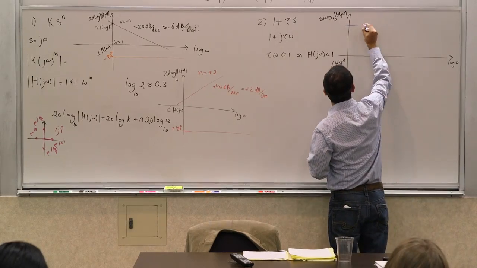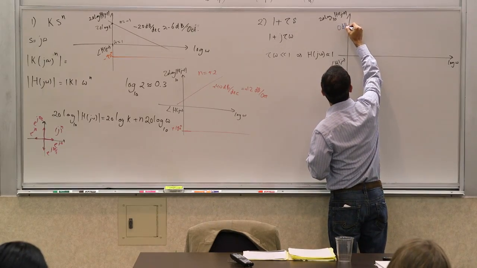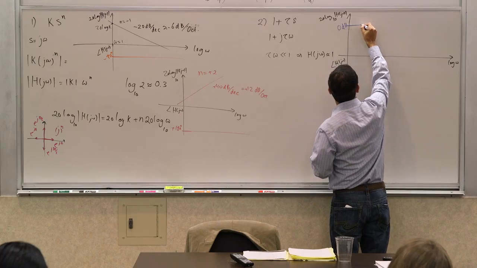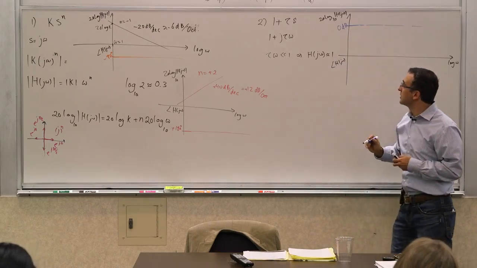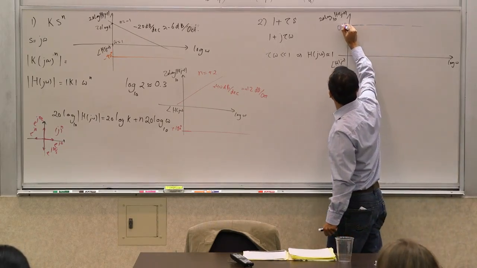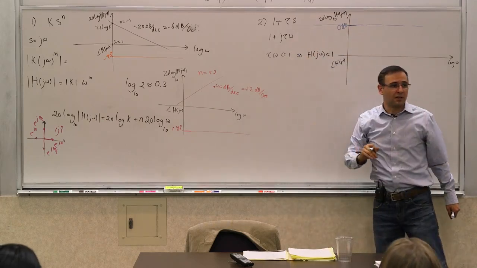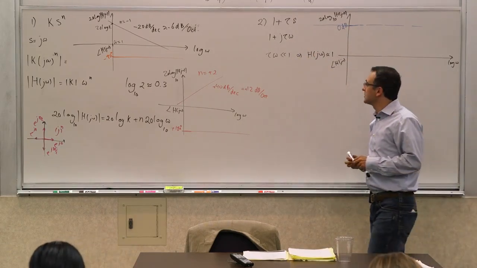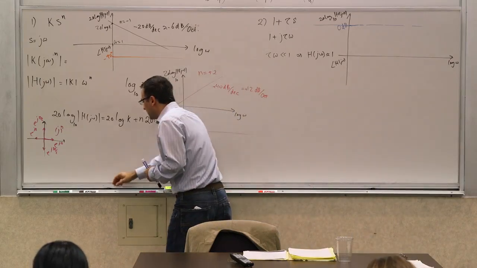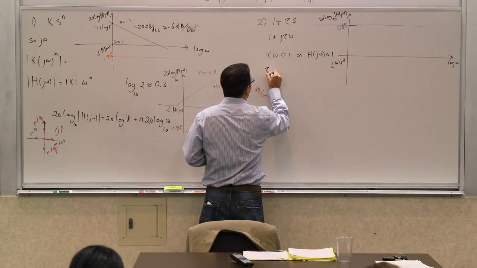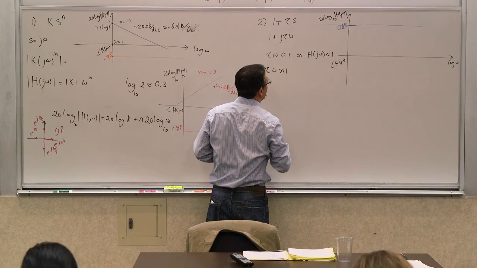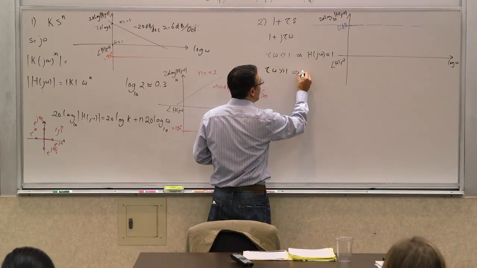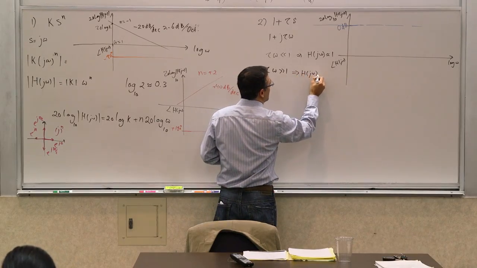I can define my 0 dB to be anywhere I want, so let's start defining it here. So this is one asymptote. It means that at very low frequencies, my Bode plot should approach this line at small omegas. How about very large omegas? Think about the other end of the spectrum. If tau omega is much greater than 1, then my H of j omega is roughly what?